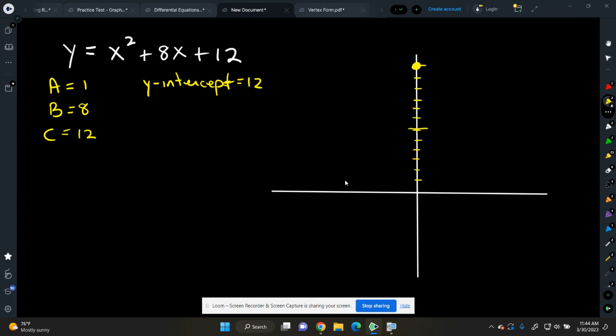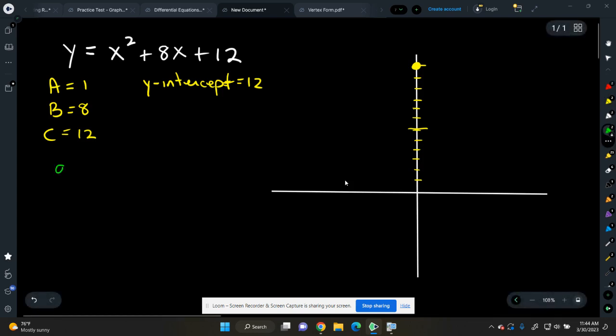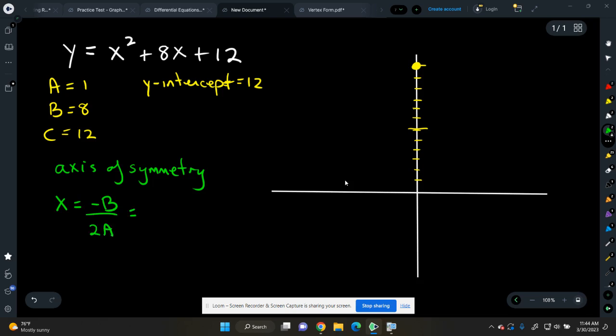All right. What's my next step? Well, axis of symmetry. What formula do I use to find the axis of symmetry? Good. Negative b over 2a. All right.